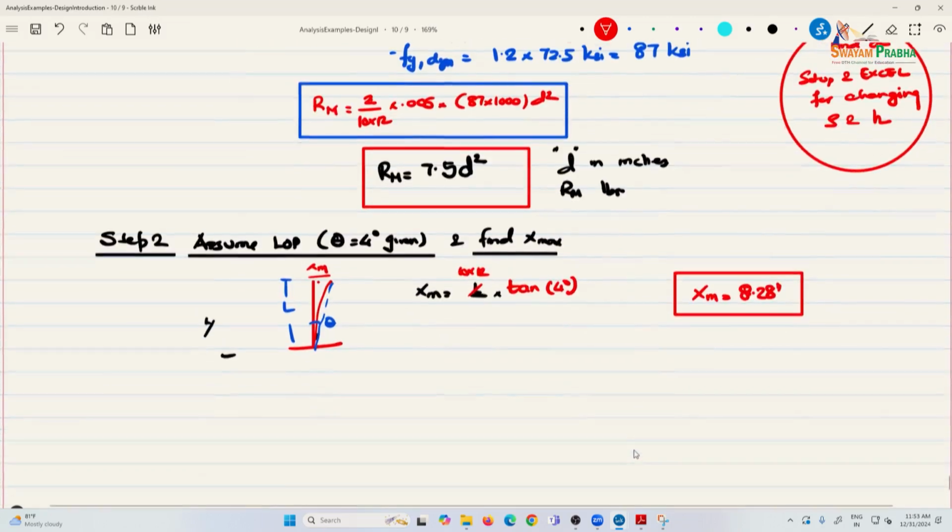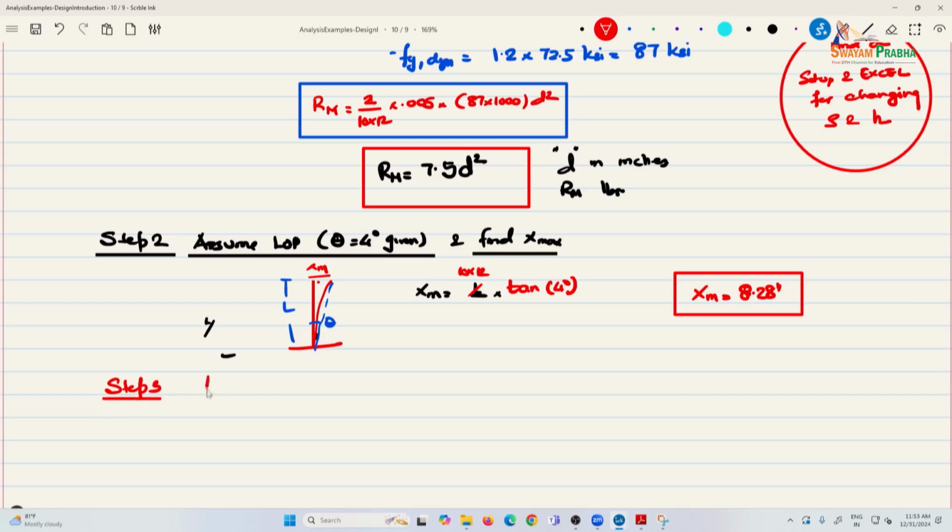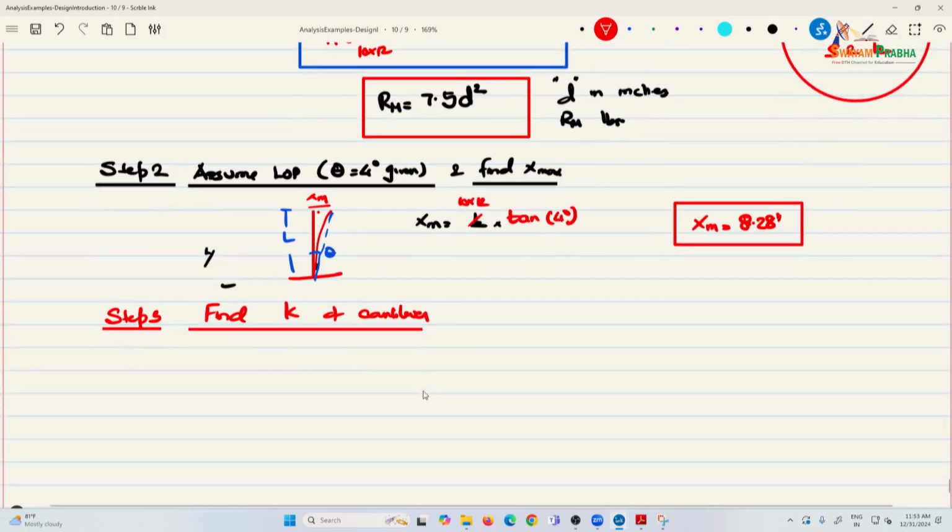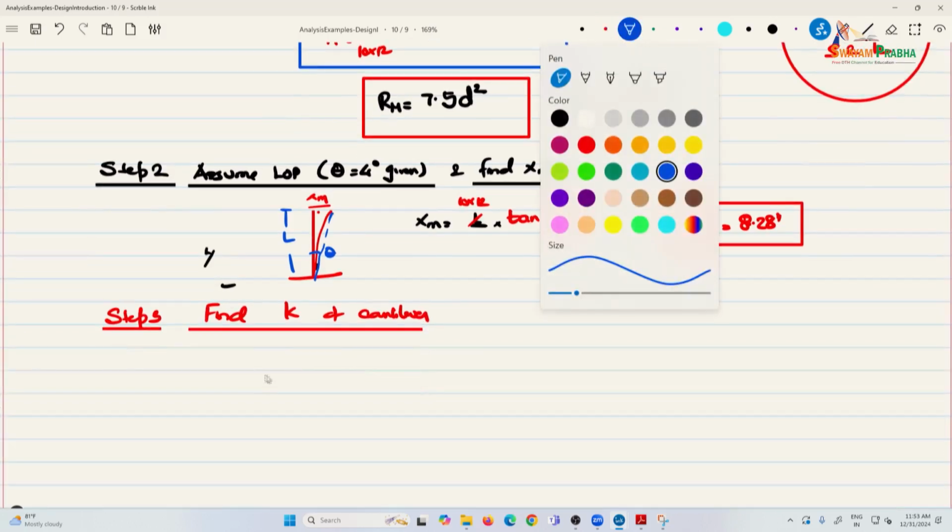Then next step here is to find the K of the cantilever, stiffness of cantilever. And the stiffness now we do not know because the H is not known.